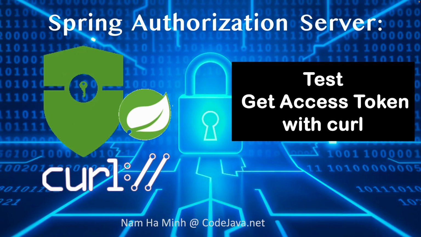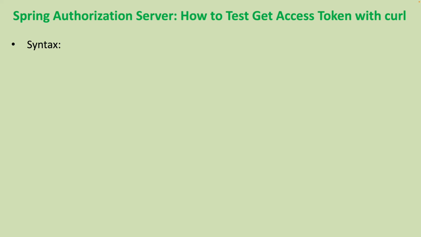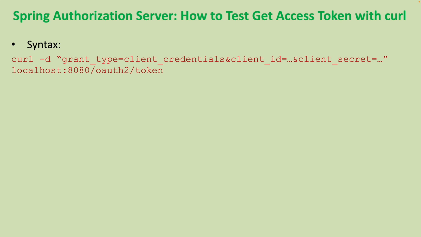Okay, so that's how to test the get access token API provided by an authorization server using the curl command line tool. Let me sum up the main syntax: curl, and to pass parameters in the request body, you can use the -d flag and specify three parameters: grant type, client ID, client secret, and the API endpoint /oauth2/token.